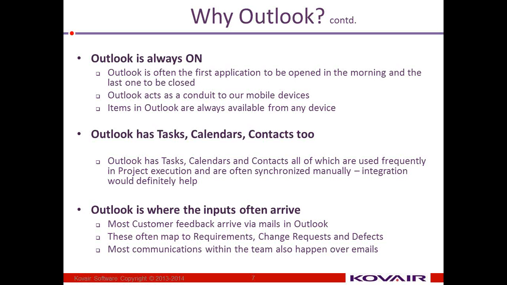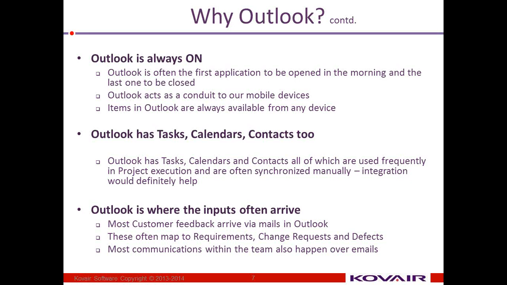And some customer contact has sent an email regarding a problem they are facing, a defect or an issue. So that contact also, I should be able to synchronize in the other tools that I'm using for defect tracking. These additions of contacts, calendars, and tasks are often done manually. So we need to open up those tools.